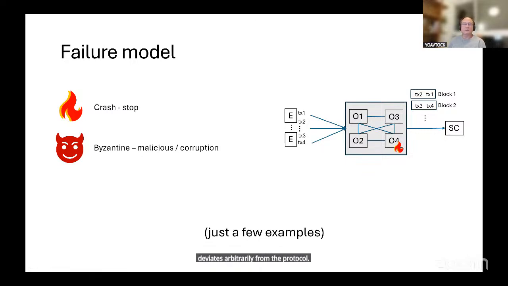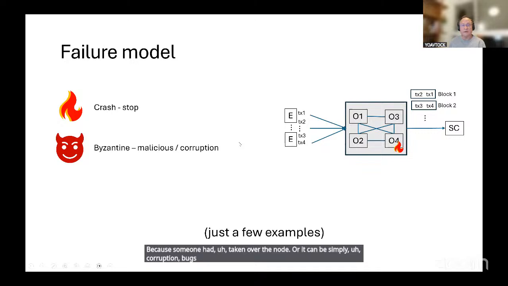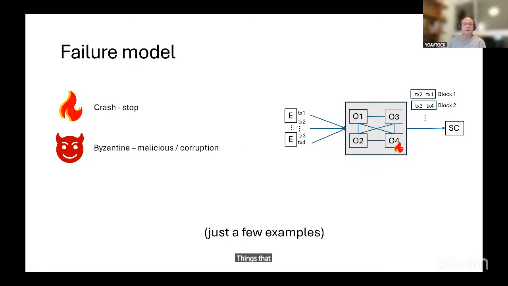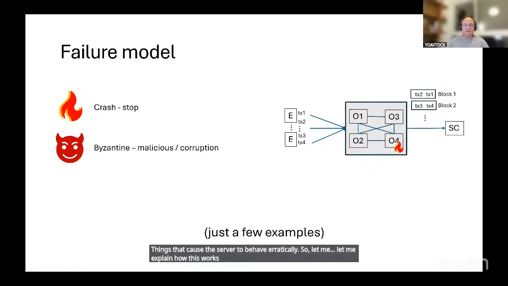This deviation can be malicious because someone has taken over the node, or it can be simply corruption, bugs, hardware failures, things that cause the server to behave erratically. So let me explain how this works with just a few examples.